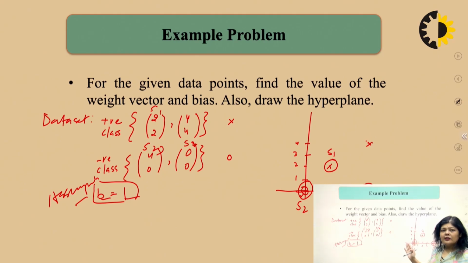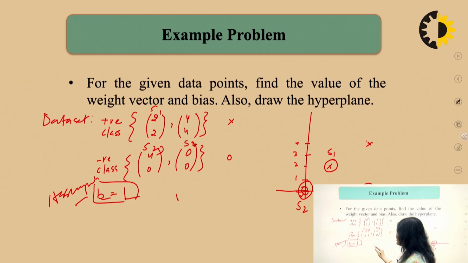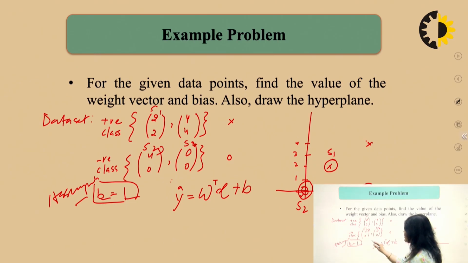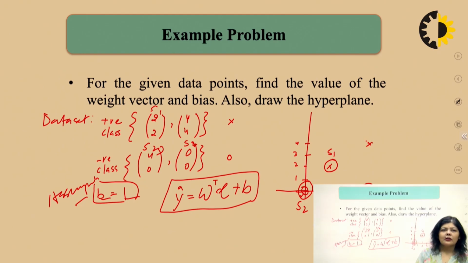So for that I need to formulate the hyperplane equation, and as we know, the hyperplane equation is simply y hat is equal to w transpose x plus b, right? So this is the equation of the hyperplane, and we are talking about a linear decision boundary right now.